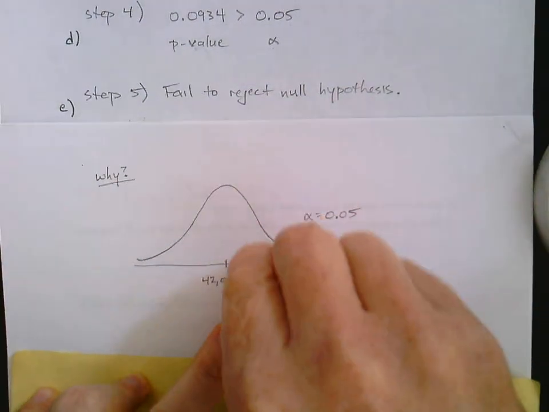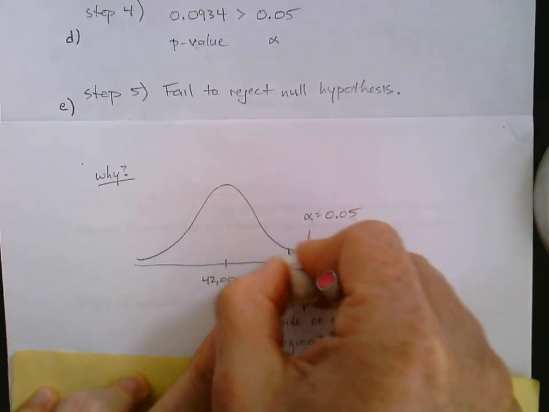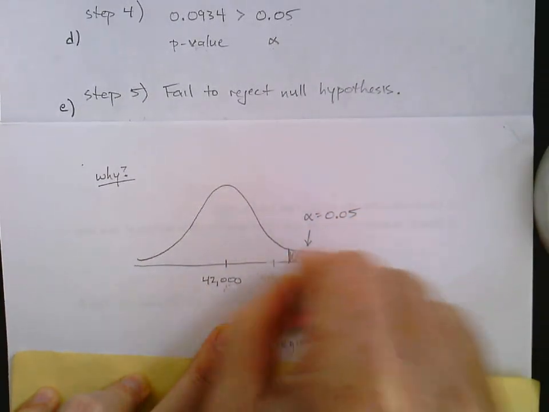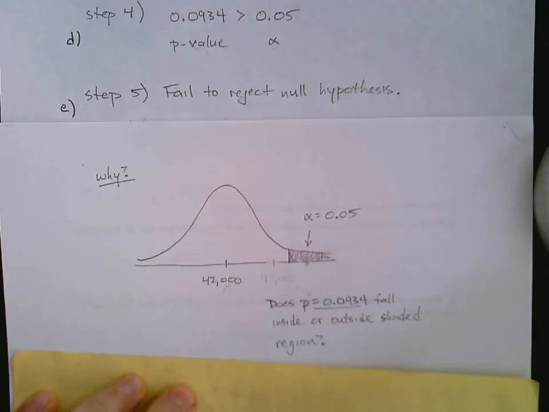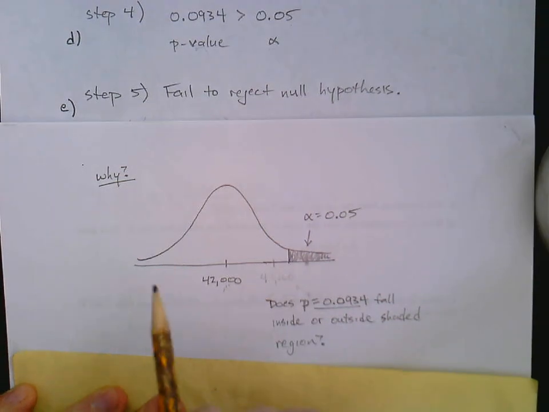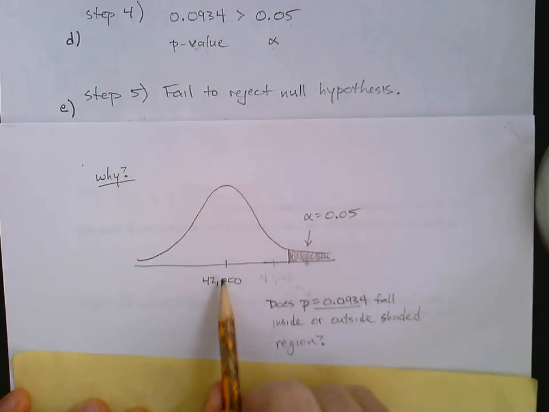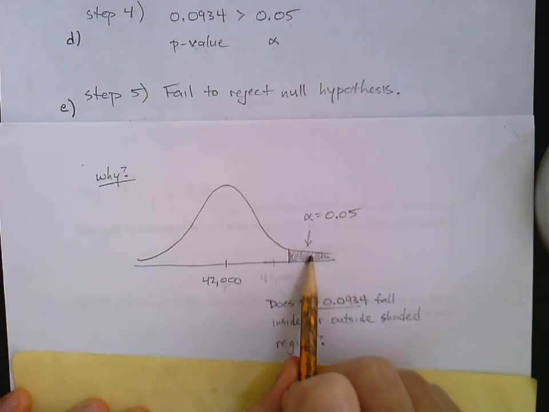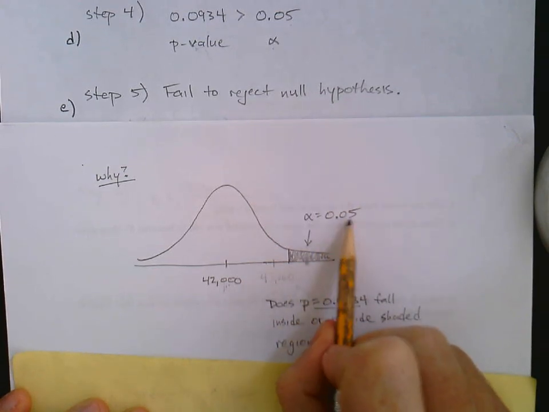Let me explain it from the other point of view. Let's say this is where the problem began, right? We've got our bell curve. We have 42,000 we're assuming to be the mean there at the center. We're also saying we need a significance level of 0.05.